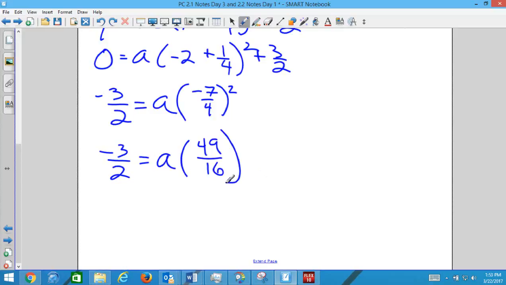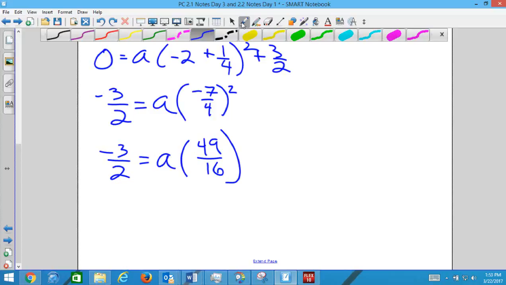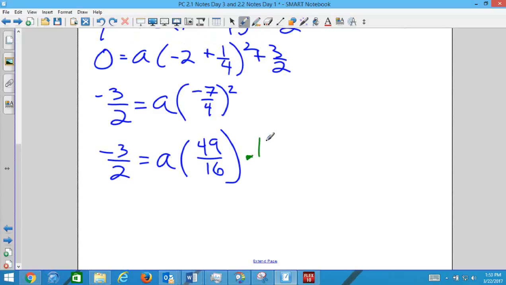How do I get A by itself? I'm going to divide by 49/16, but instead of dividing by a fraction, I can also multiply by its reciprocal. I'm going to multiply by 16/49. That cancels that out over here.